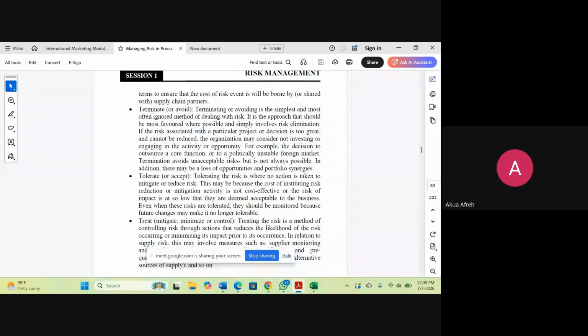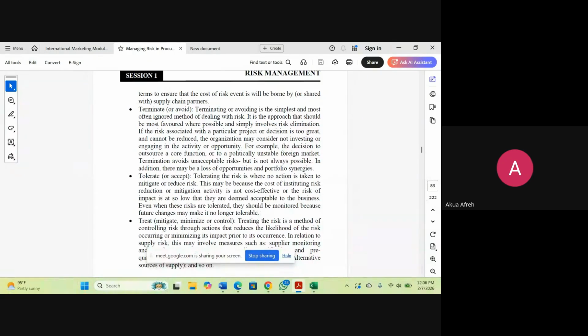So sometimes you want to venture into a new business or go into a new market, but looking at how politically unstable the market is, if you invest into that market and anything happens, it's really going to affect your business. So what do you do? You withdraw. You avoid that risk. You don't engage in such an activity.